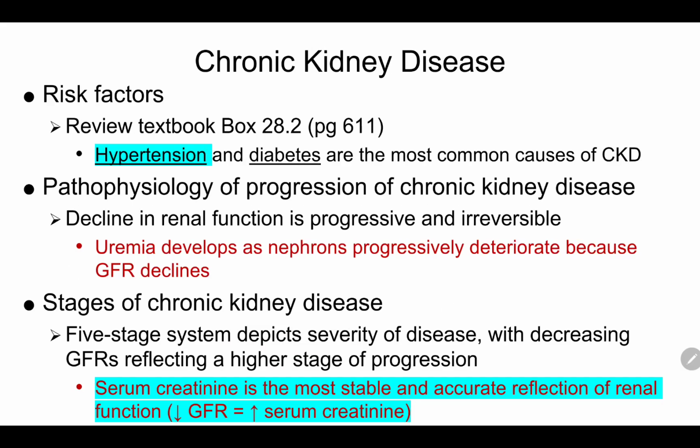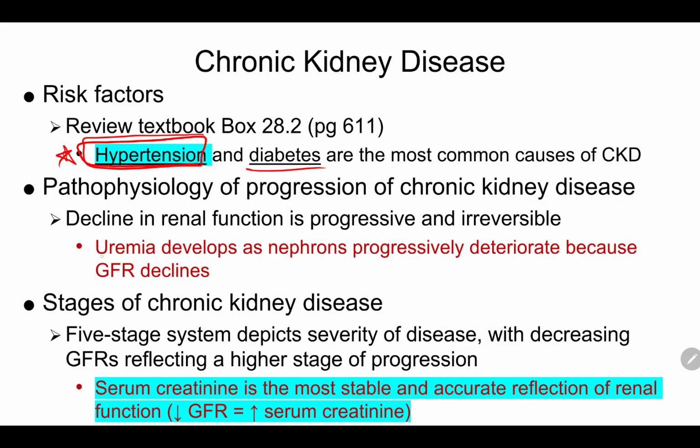When we look at chronic kidney disease, right, what's the risk factor for chronic kidney disease? Hypertension and diabetes, right? These are the most common causes of chronic kidney disease, but you got to remember that, okay? And so what happens with the progression of chronic kidney disease is we have a decline in our renal function that is typically going to be progressive and irreversible, right?